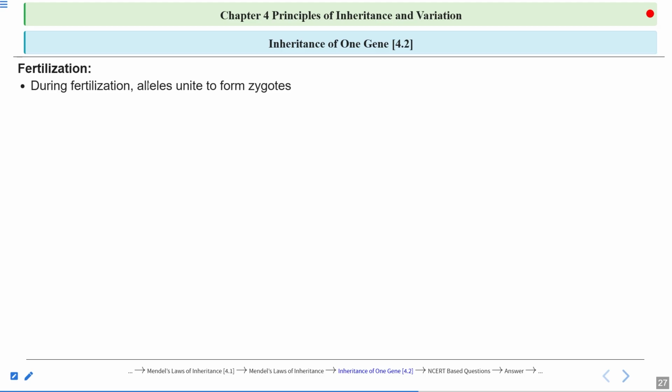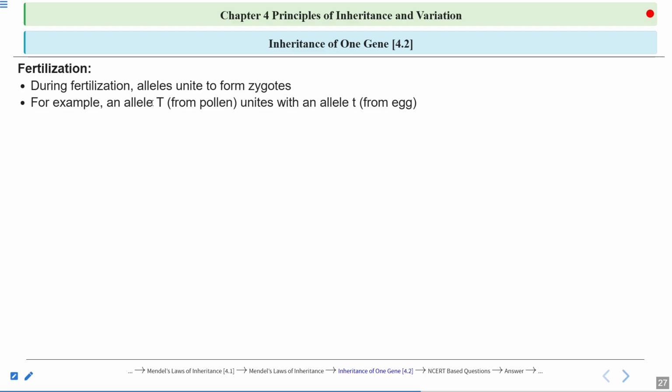During fertilization, the alleles unite to form the zygote. So in the zygote, half of the chromosomes come from the mother, half of the chromosomes come from the father. Or you can also say in the zygote, one allele will be acquired from the father, one allele will be acquired from the mother. If we talk in the sense of alleles, what will happen? Capital T and small t will be formed.